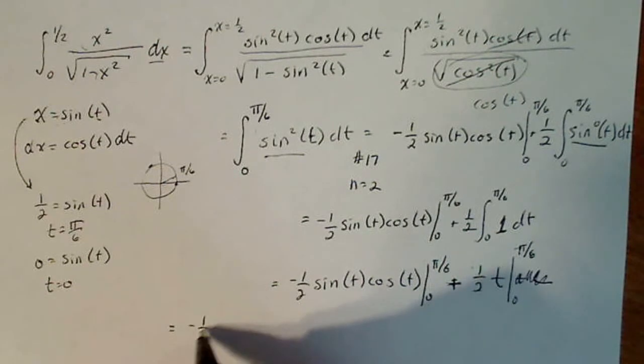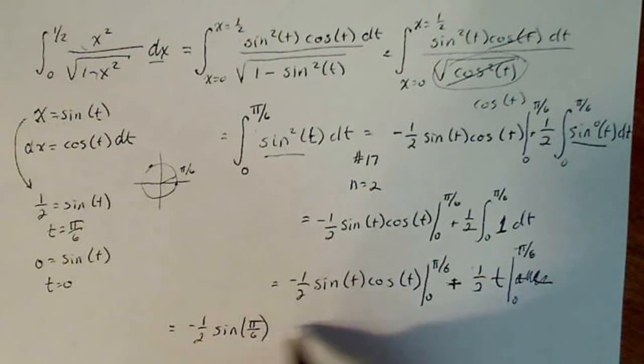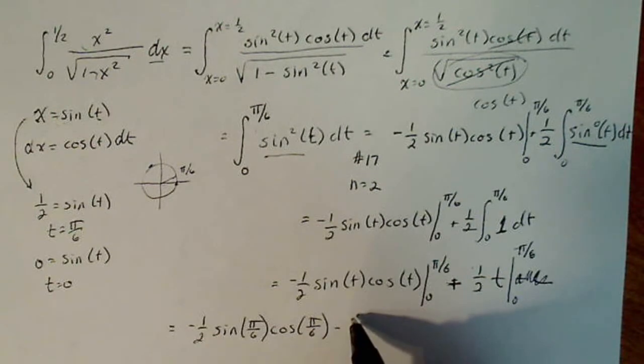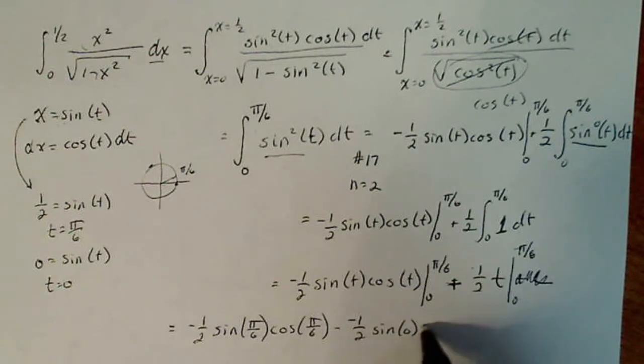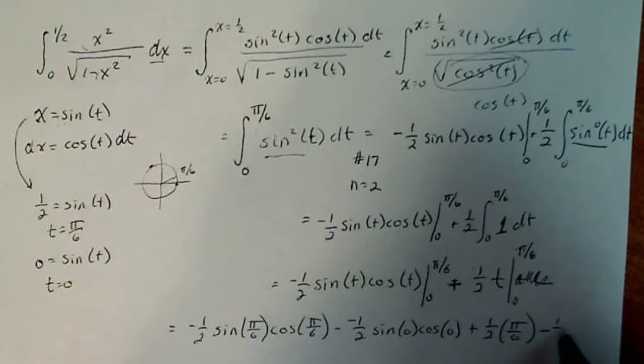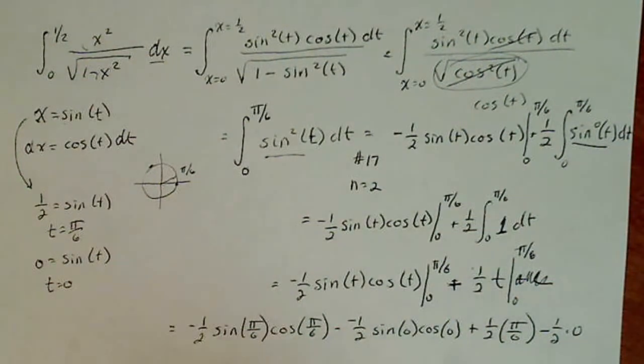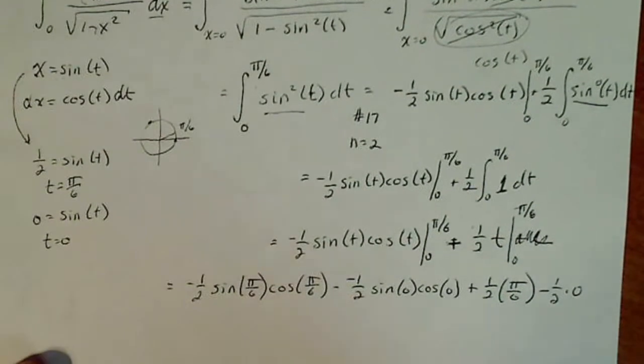So I have 1/2 sine of pi over 6 cosine of pi over 6 minus 1/2 sine of 0 cosine of 0 plus 1/2 pi over 6 minus 1/2 times 0. All right, I'm going to slide this up just a tiny bit.